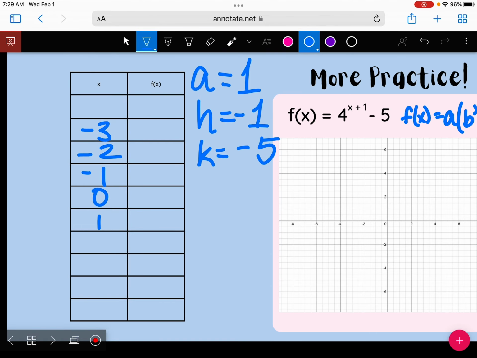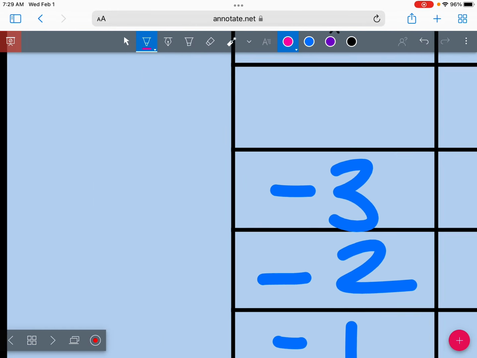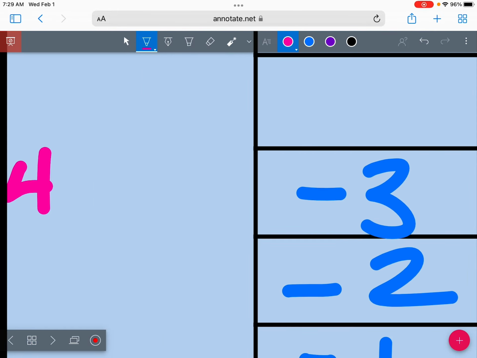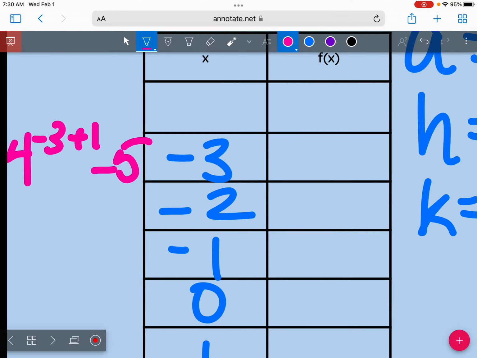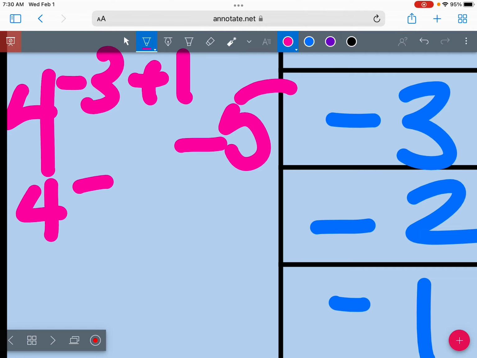And we get 4 to the -3 plus 1, minus 5. 4 to the -3 plus 1. -3 plus 1 is? What's -3 plus 1? -2. So we have 4 to the -2nd power minus 5.